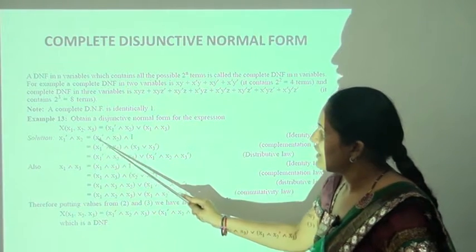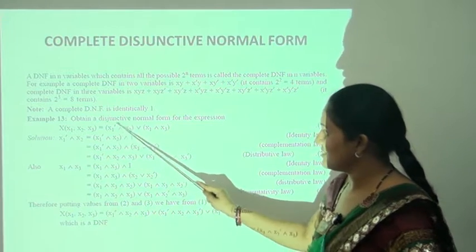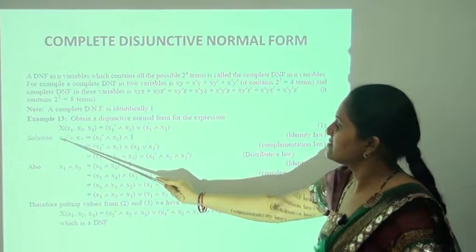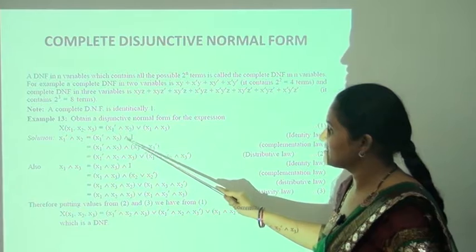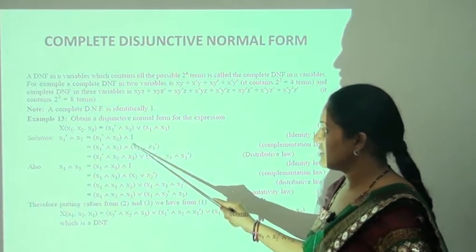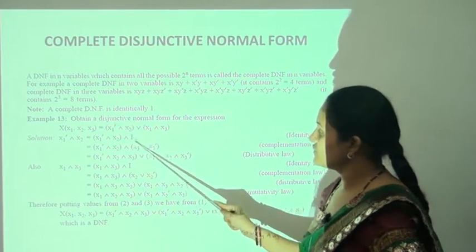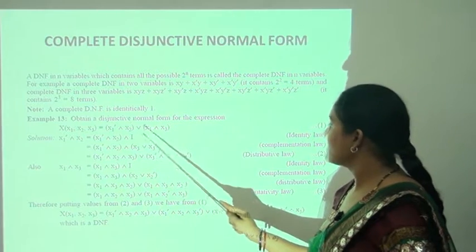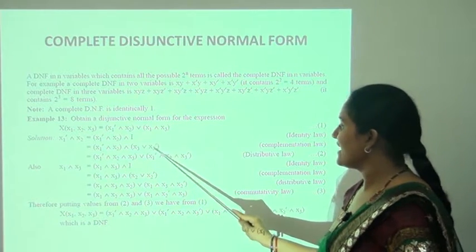So for the term x1 dash and x2, this can be written like this, meeting it with I. Here 3 variables are there, so this can also be written as x3 join x3 dash.